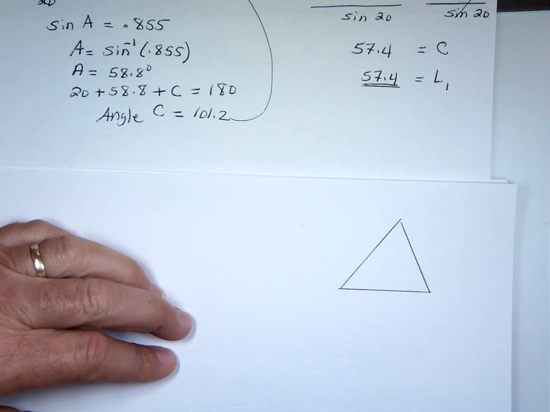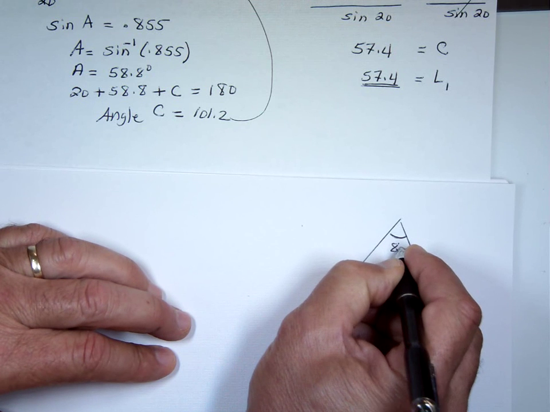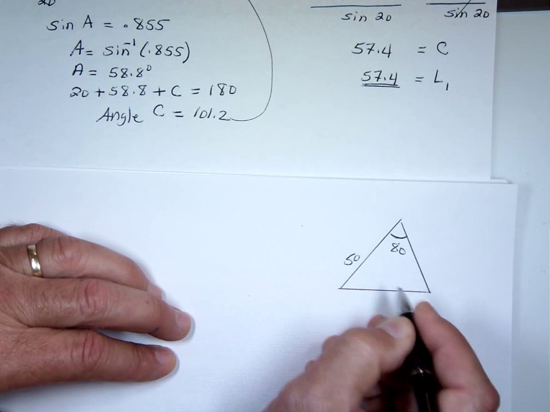So this is the second triangle. This is the 80. This is the 50. This is the 15.